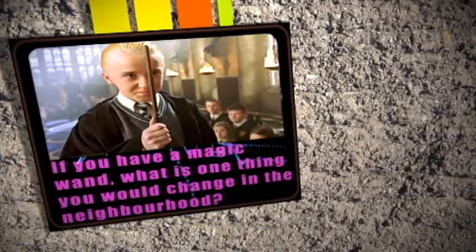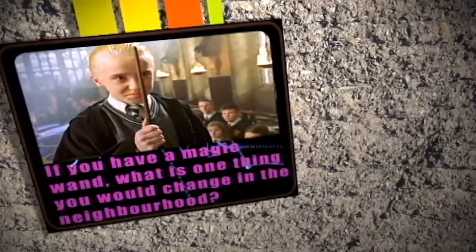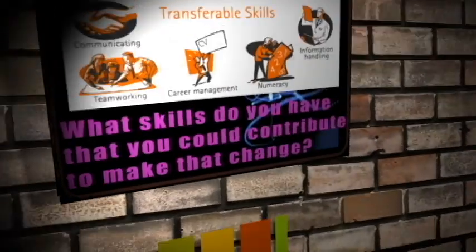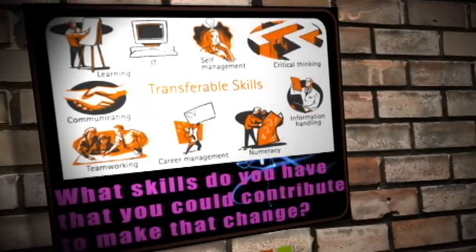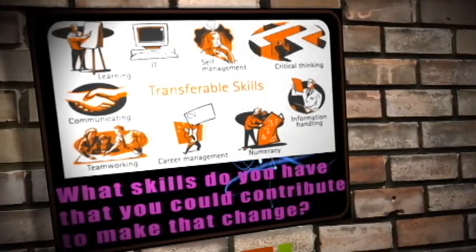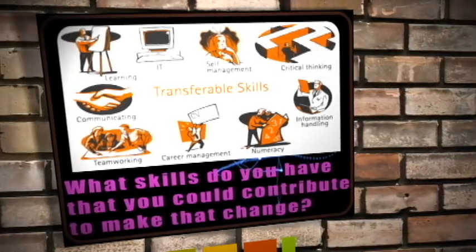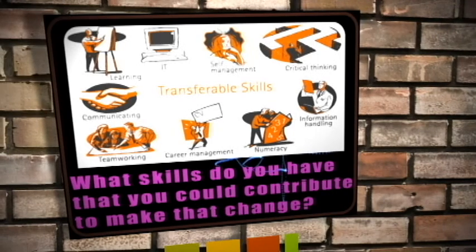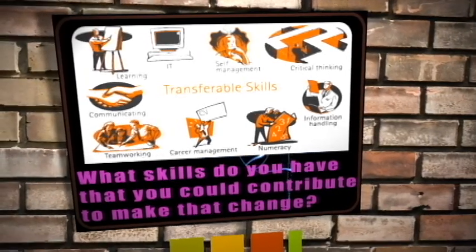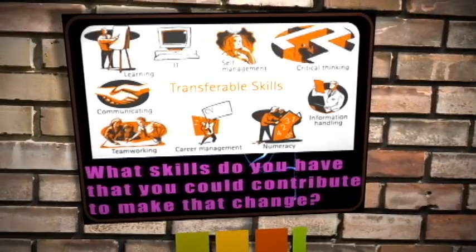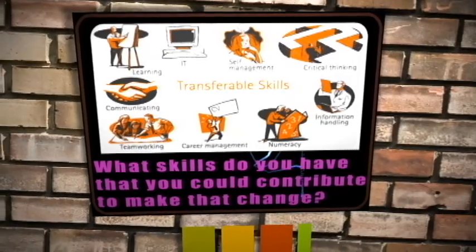The idea is to start with a positive and then ask a question that is geared more towards concerns or worries. After we find out about their neighborhood, then you could ask, what skills, interests, abilities, and education, etc. do you have that you could contribute to making that change? In this, there is an invitation for neighbors to get involved, to offer whatever they have to give.